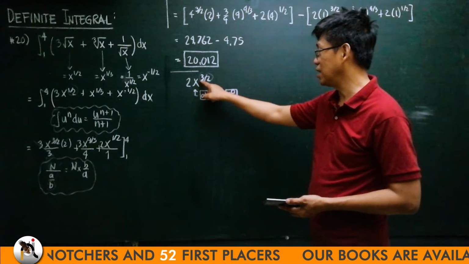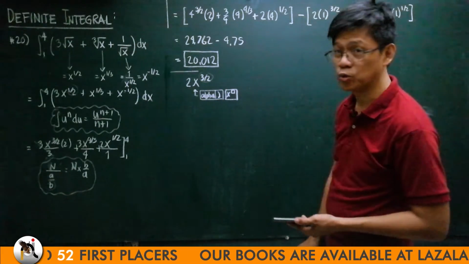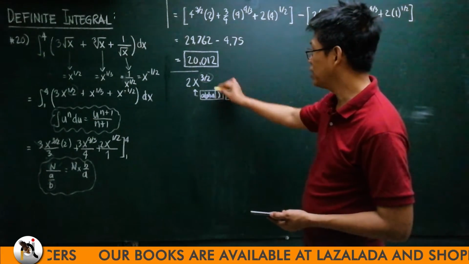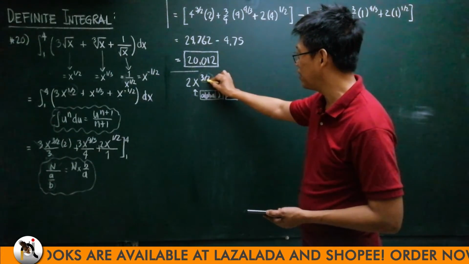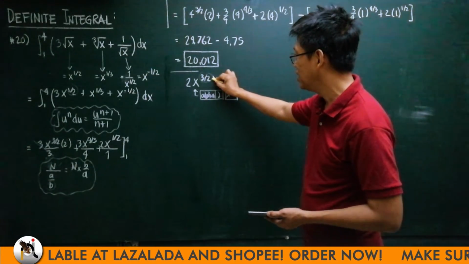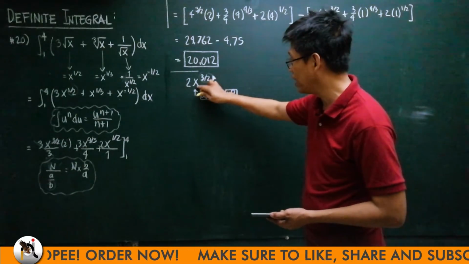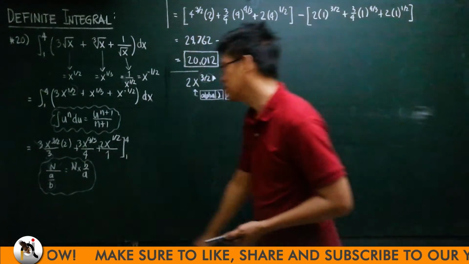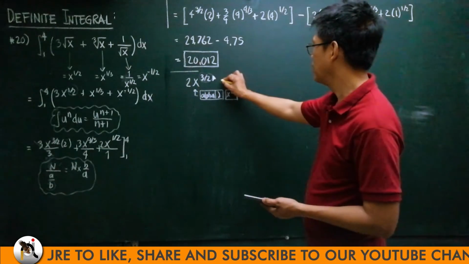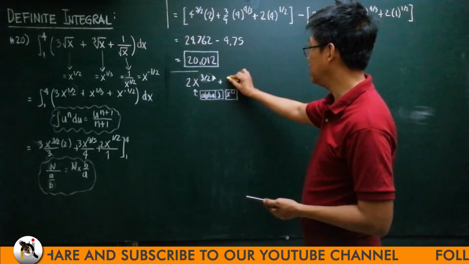So this is 3 divided by 2. Now, don't forget, after you press 3 divided by 2, you press the right arrow key to bring it down again to the level of x. Okay? So, plus 3/4 plus 3.